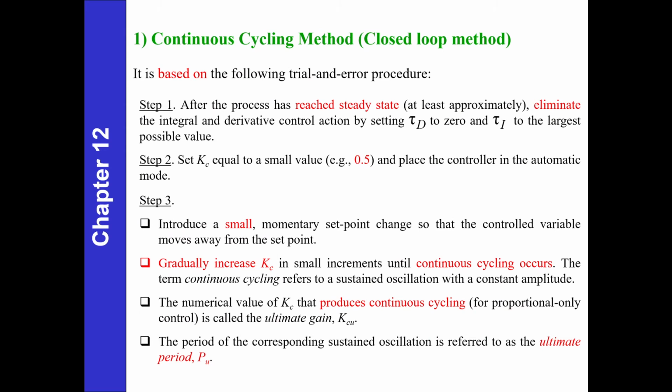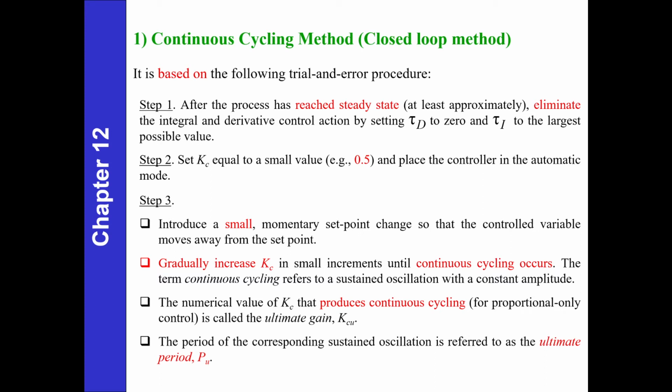Okay, so we continue. Basically there are two methods of online tuning. The first one is the continuous cycling method, which is a closed loop method. Theoretically this is what is going on in your lab number 8 and your pH and temperature labs.